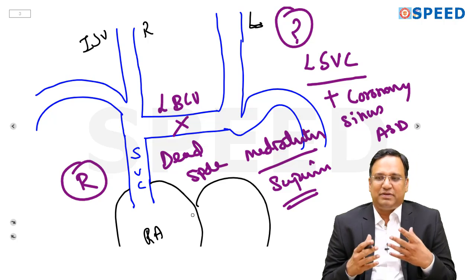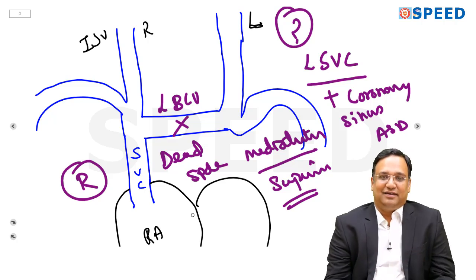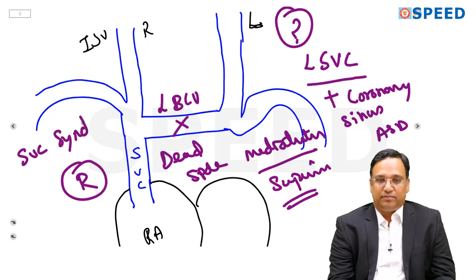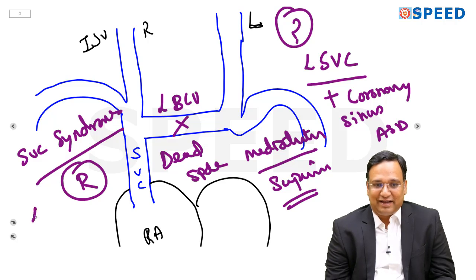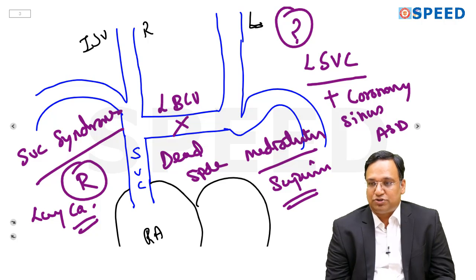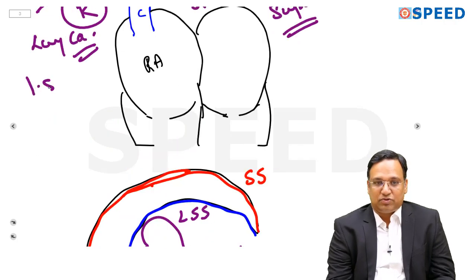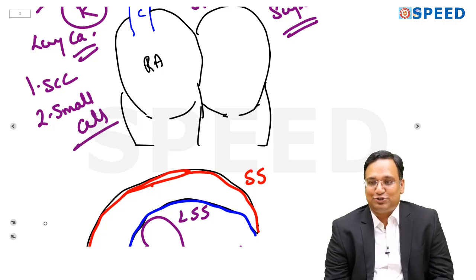Whenever the superior vena cava is obstructed, it is called superior vena cava syndrome. It could be caused by lung cancer. The most common lung cancer causing superior vena cava syndrome is squamous cell, understand this, called Pancoast's tumor, followed by small cell, otherwise called superior sulcus tumor.